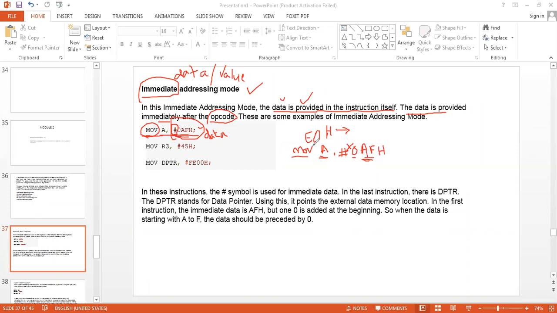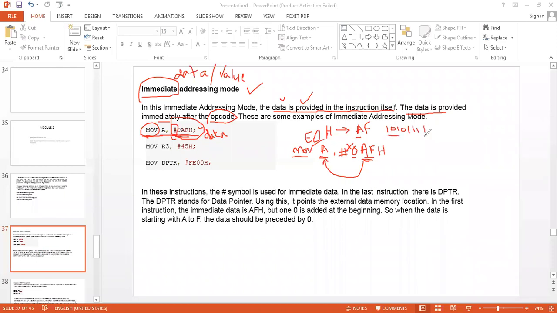What will be stored into E0 now? This value is going to be stored into the A register. What is the memory location of the A register? It is E0H. So what will be stored into E0H? AFH. What is AF? A is 1010, F is 1111.